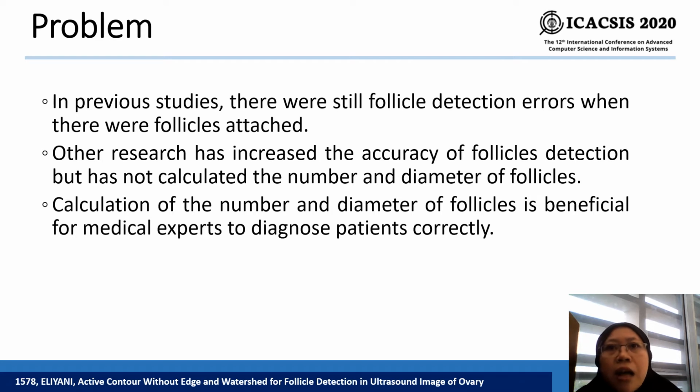Other research has increased the accuracy of follicle detection, but has not calculated the number and diameter of follicles. Calculation of the number and diameter of follicles is beneficial for medical experts to diagnose patients correctly.